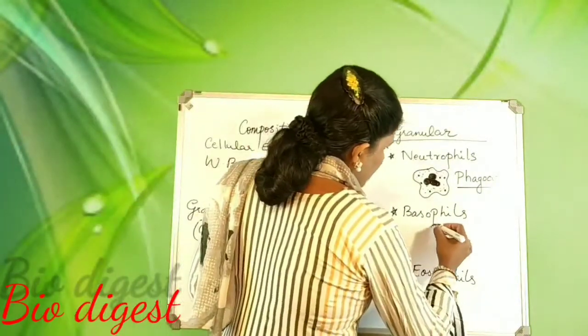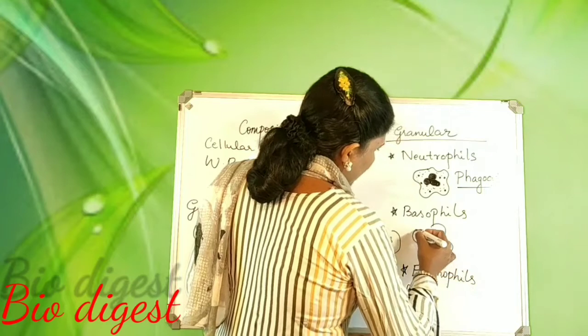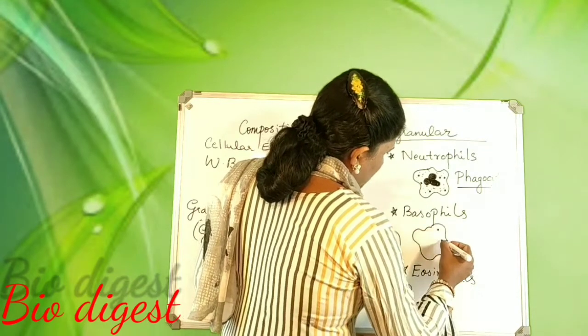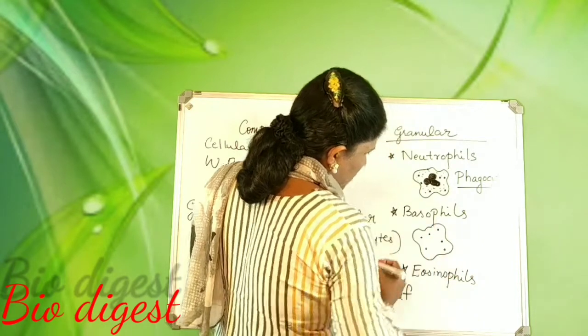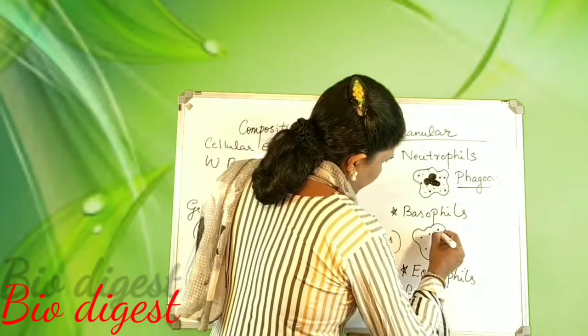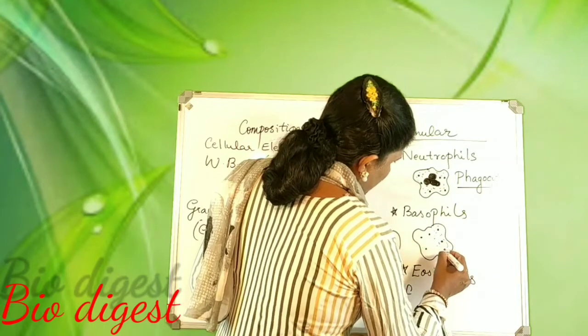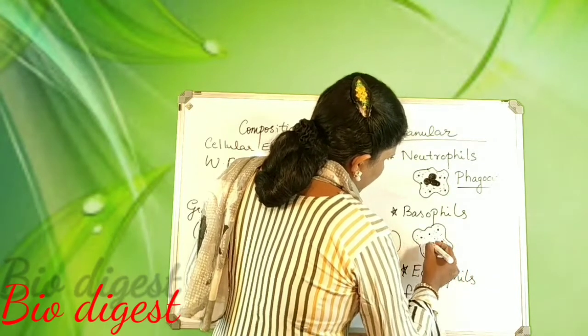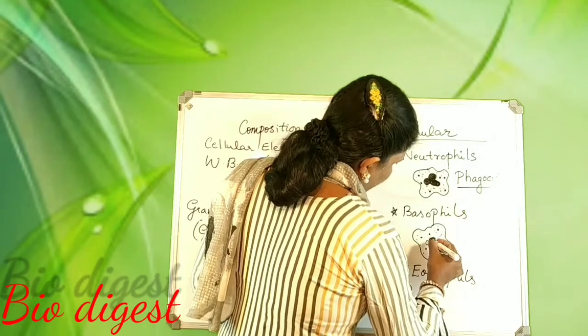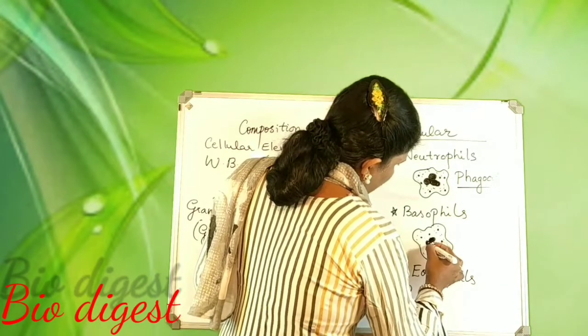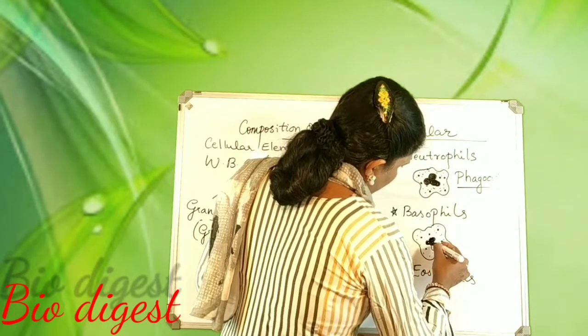Now coming to basophils. Basophils again, I told you, are amoeboid. Then granules are there. Okay, don't forget to show all this. All these are the structures that are common to everything. The only thing is that the nucleus will have some difference. This is indistinctly lobed. Okay, so that is about basophil.